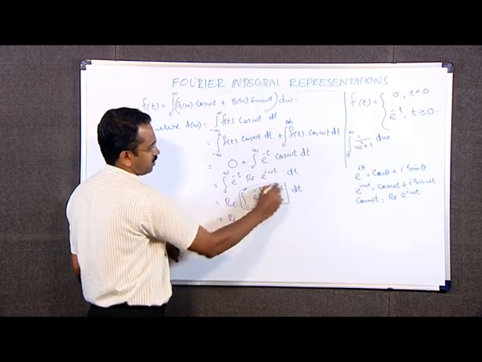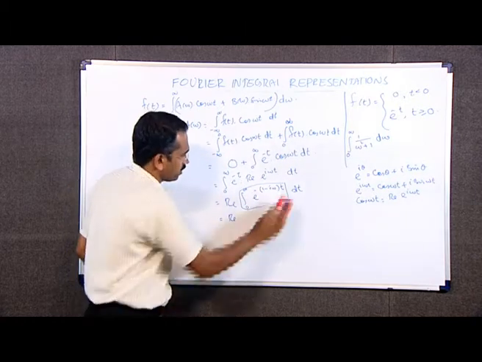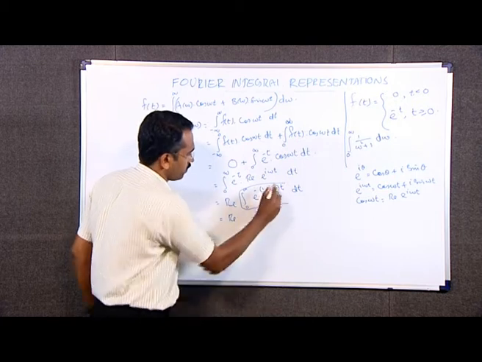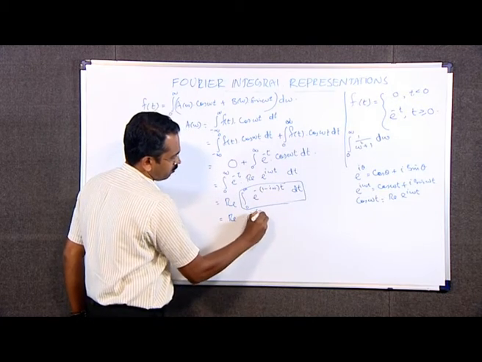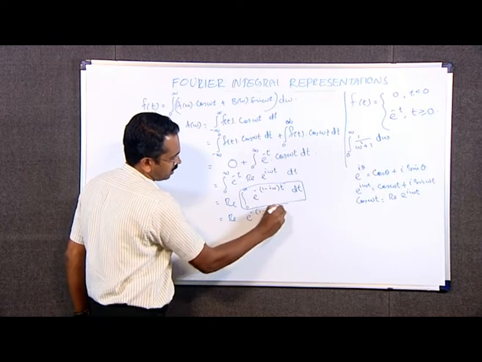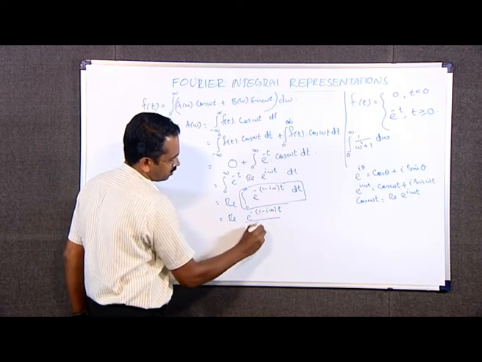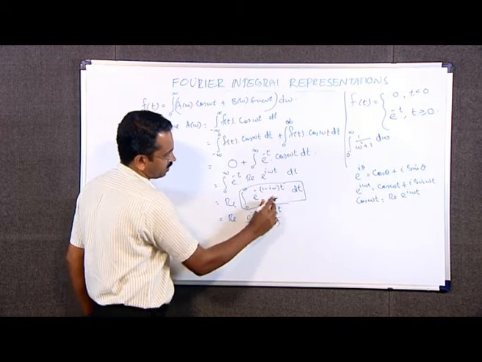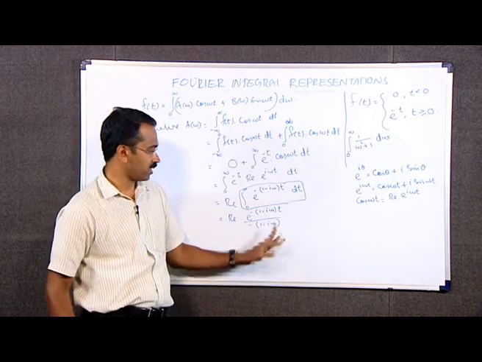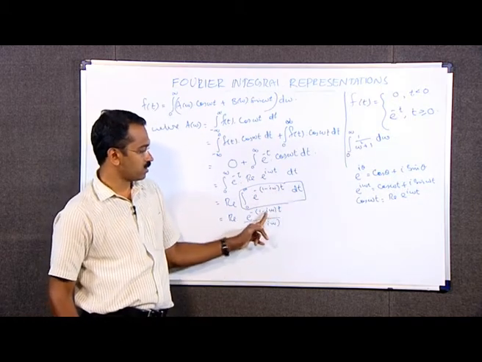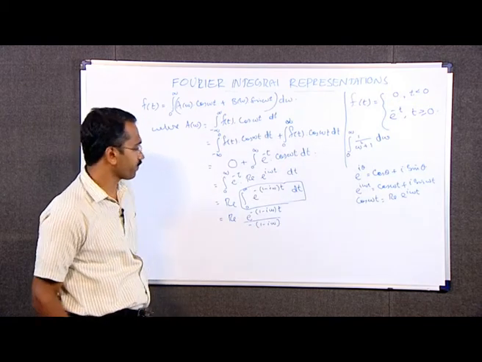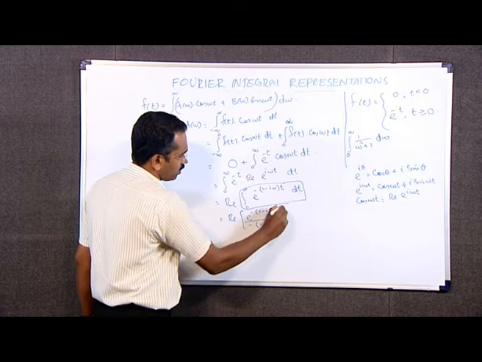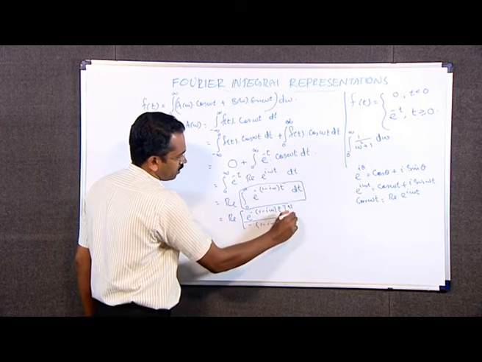That is equal to real part of, integrating this, we get e raised to minus of 1 minus I omega t divided by minus of 1 minus I omega, because the integration is with respect to t, between the limits 0 and infinity.